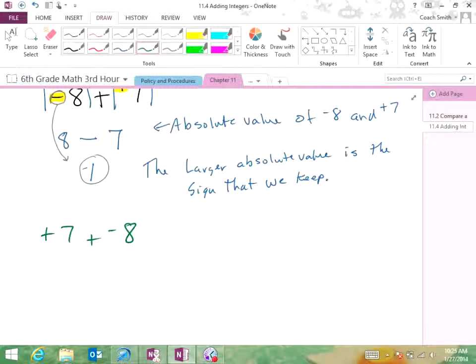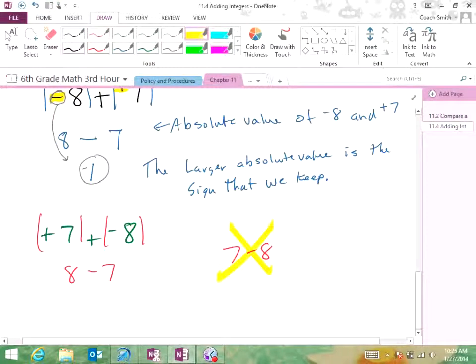Now, how that would change it would be down here. We'd always do that, because always the larger absolute value number goes first. We don't put the 7 first. We don't do this. That is not correct. You don't do that. It's the larger absolute value sign.